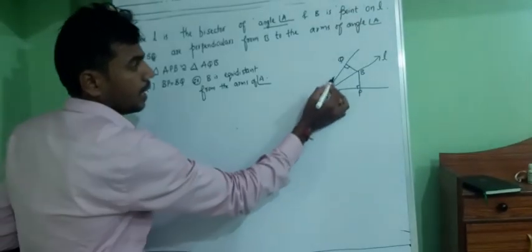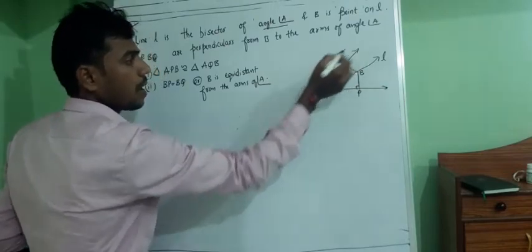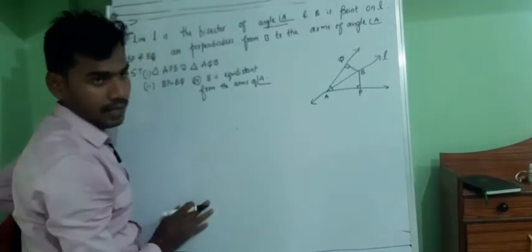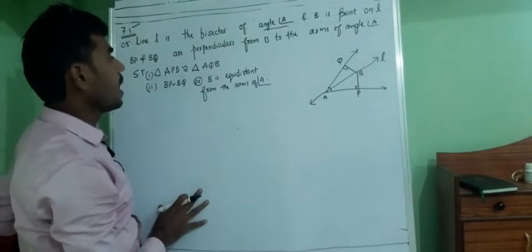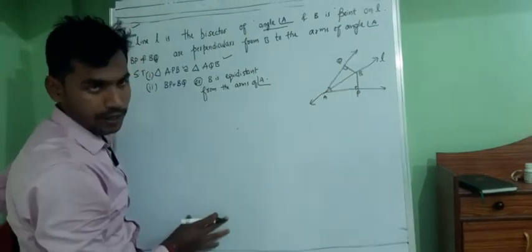See, what is given to us? There is an angle A. So line L is passing through angle A in such a way that it bisects the angle A.